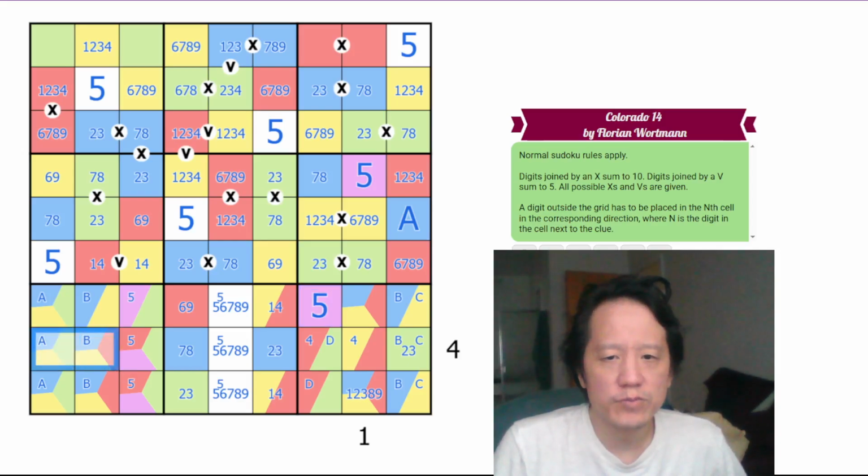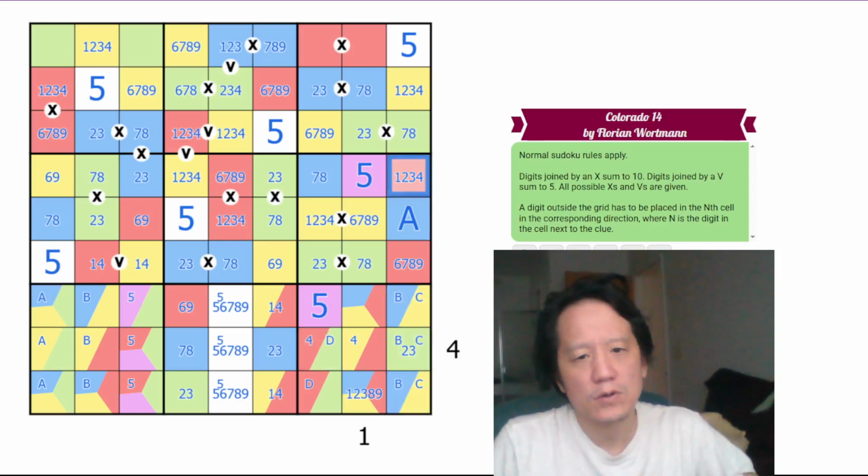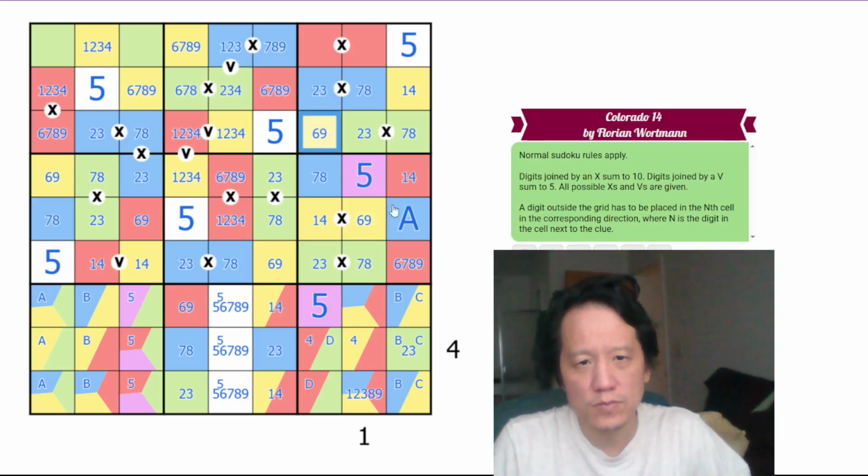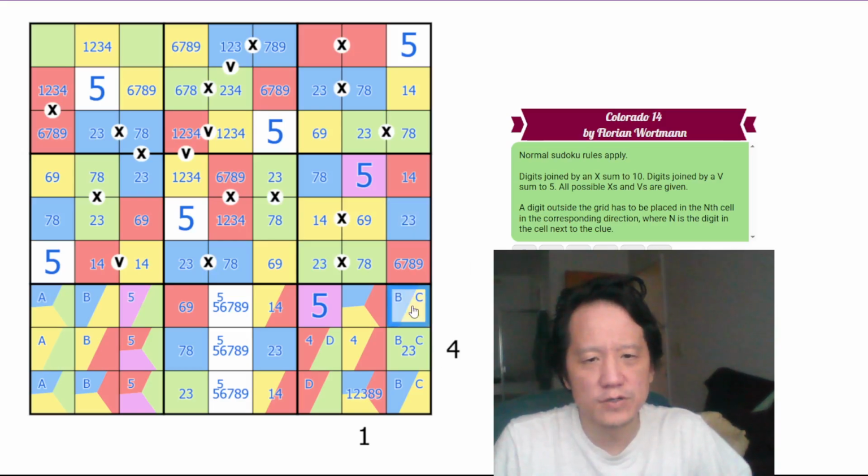Neither of these could be blue. So the low yellow would be here. The high yellow would be one of these two. This would have to be 2, 3.